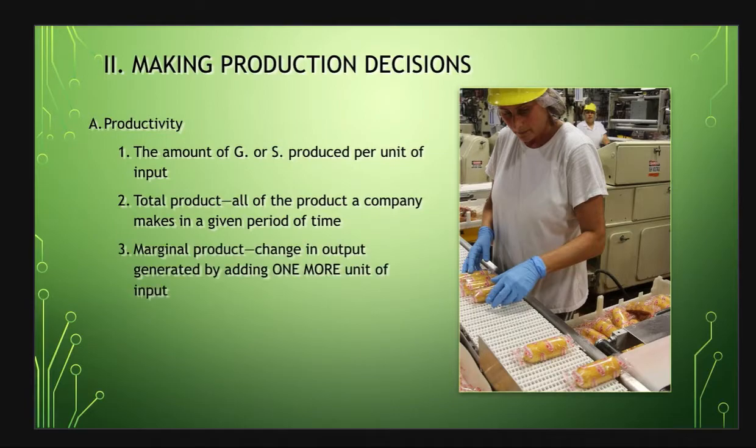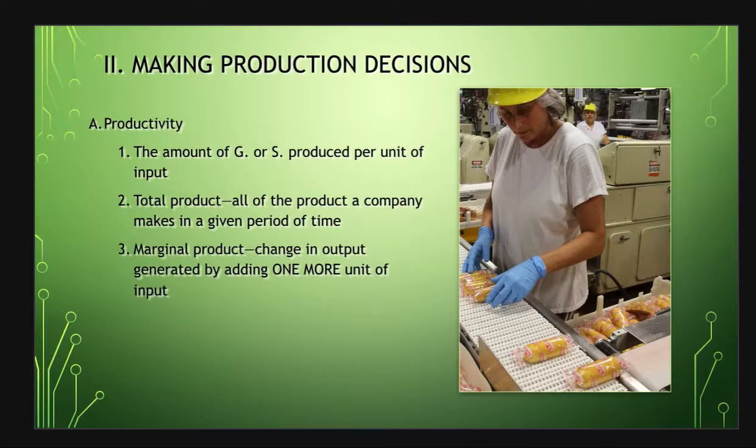And then we have the marginal product. When we would like to know what is the change in output that is affected by adding one more unit of input. Marginal product is trying to help us understand what is the change in our output generated by adding one more unit of input.